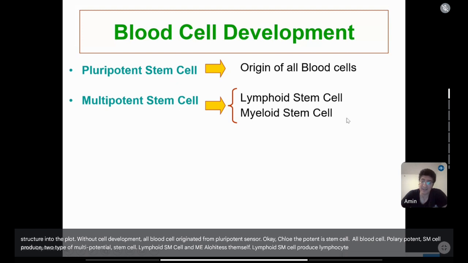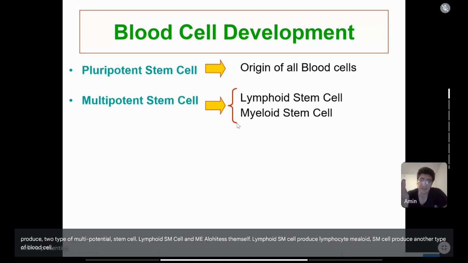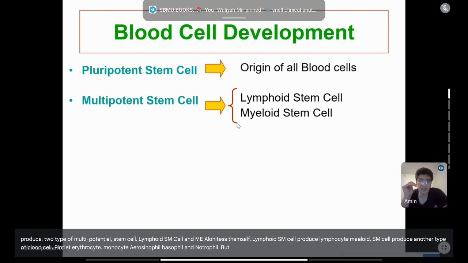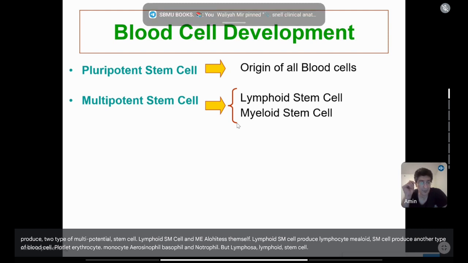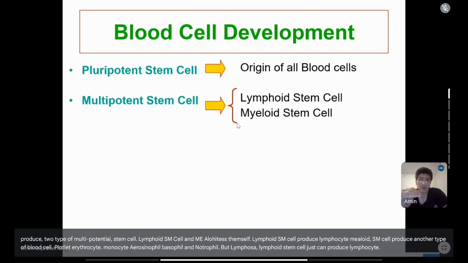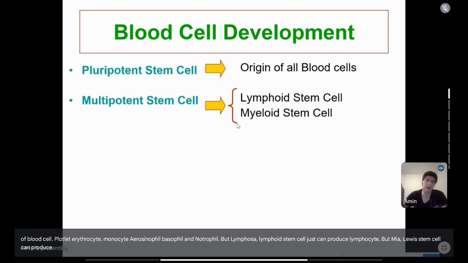Myeloid stem cells produce other types of blood cells: platelets, erythrocytes, monocytes, eosinophils, basophils, and neutrophils. But lymphoid stem cells can only produce lymphocytes, while myeloid stem cells can produce other types of blood cells.